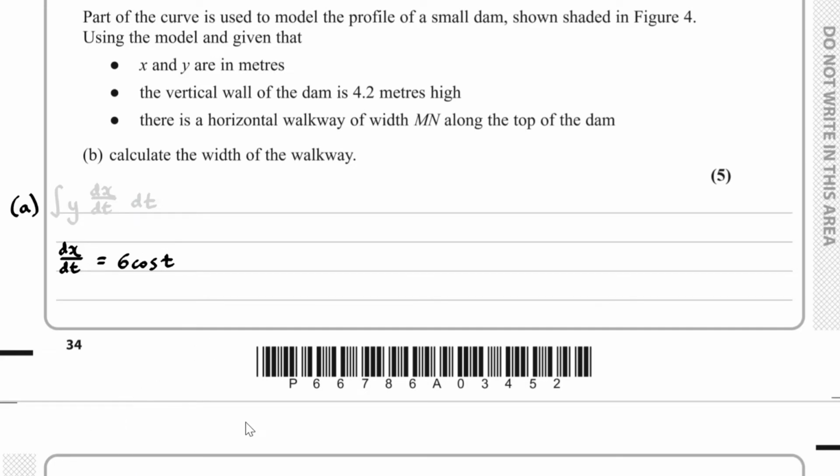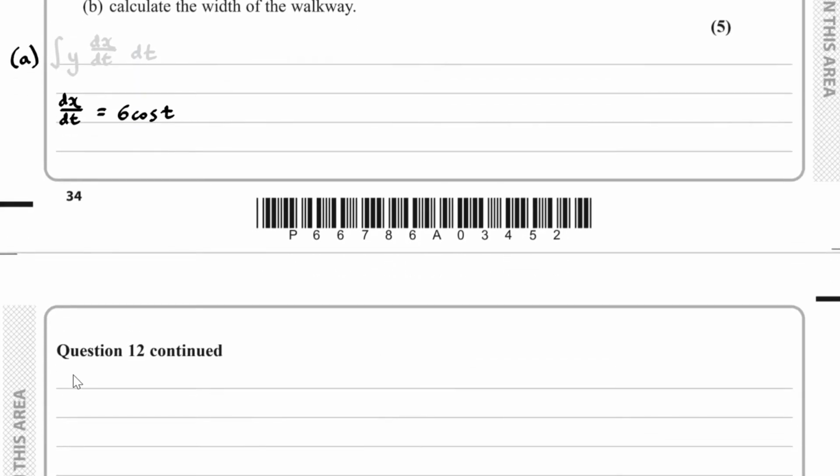we can hopefully see that the region R is given by the integral from 0 to pi over 2 of y, which is 5 sine 2t, multiplied by dx over dt, which is 6 cos t dt.